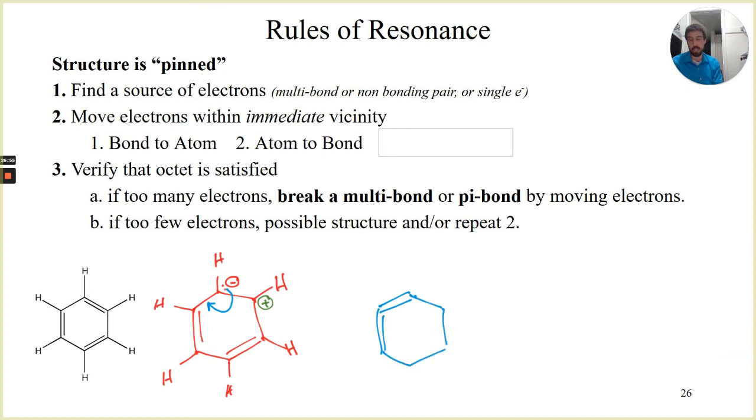No, I'm not, because we need to see our octets. We would have this drawing, right? And we haven't touched that positive charge, so that's still chilling out there. Hopefully what we see is that carbon has exceeded its octet. So this is again a bad drawing, but we can use this drawing to help us.